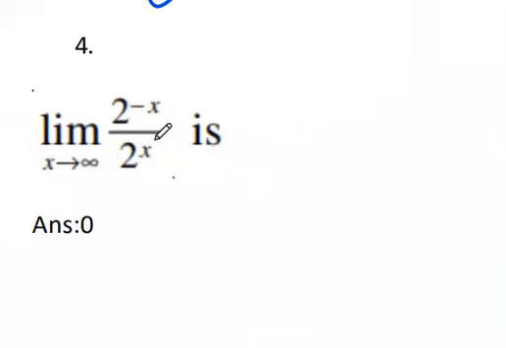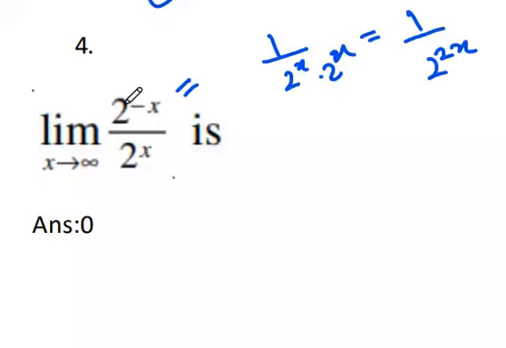Let's look at this rational function. So this is another function. Here 2 to the minus x divided by 2 to the x. Why don't you rearrange this term? I take this term to the denominator, then the minus becomes plus. So 1 over 2 to the x times this number.